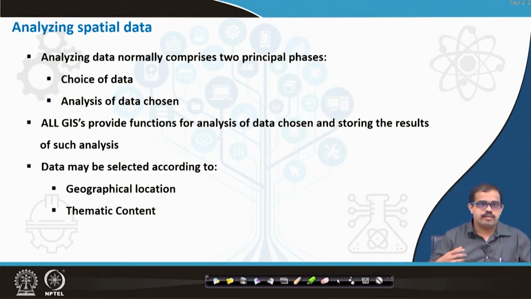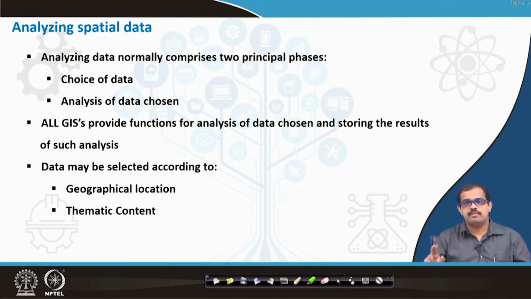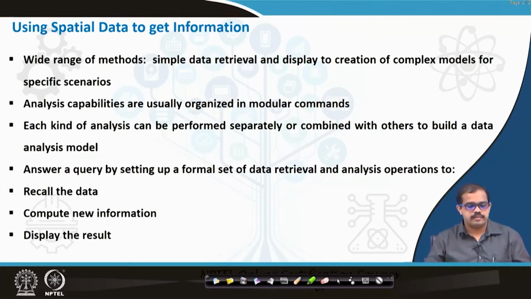When we are looking at data, data will be selected based on two things. One is your geographic location, the other is the thematic content, which we have seen in the previous week.